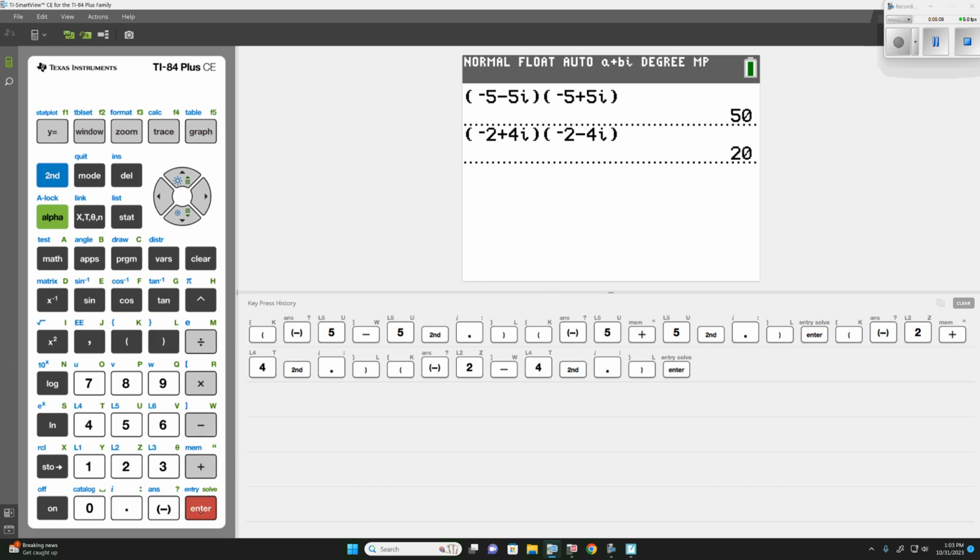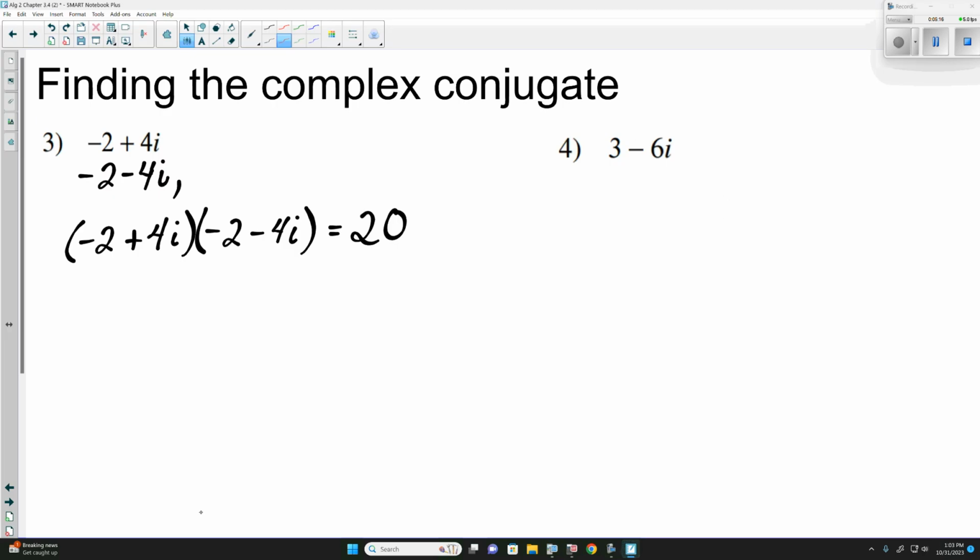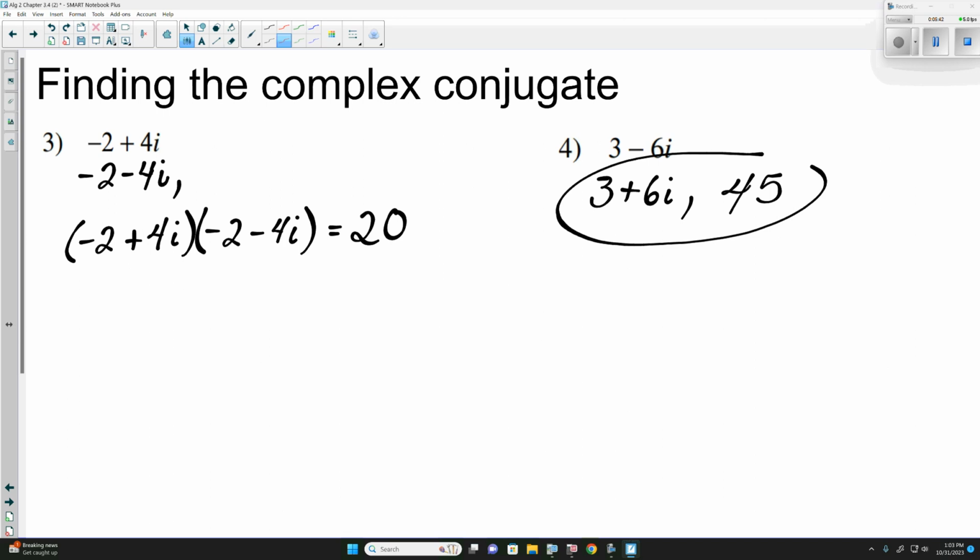Negative 2 plus 4i times negative 2 minus 4i is 20. What will the complex conjugate of 3 plus 6i be? Well, 3 minus 6i, because we're just changing the sign in front of the i term. And their product would be? I believe it's 45.